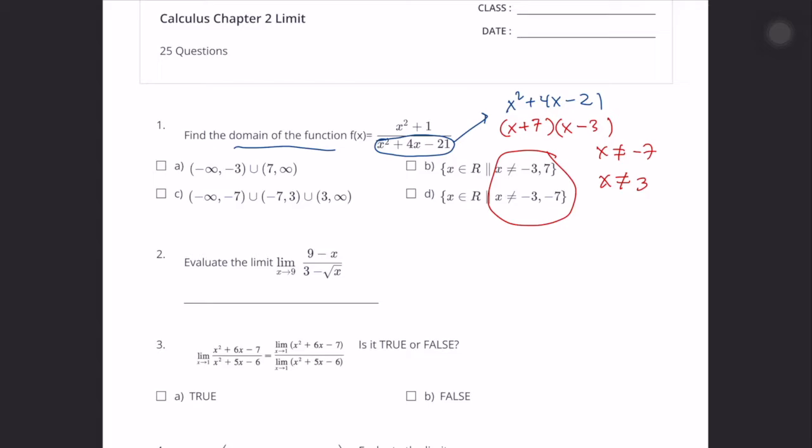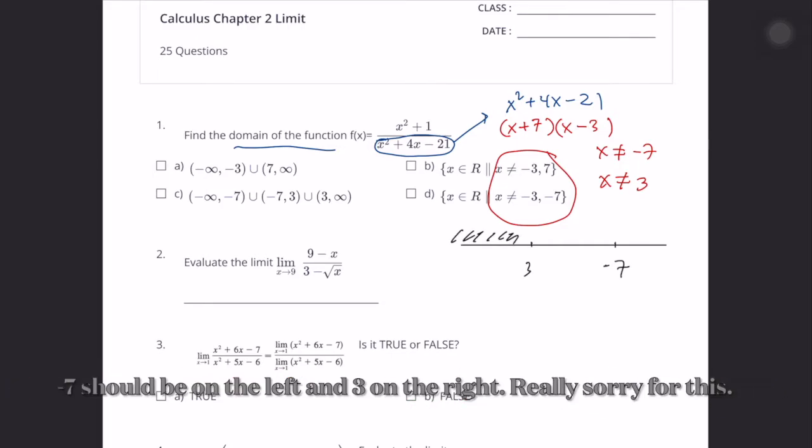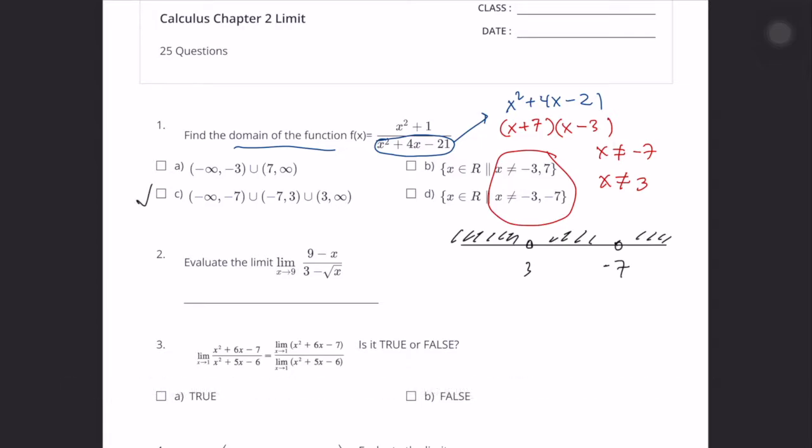Probably not. So we can check within our number line. So 3, -7, and all here are included without 3 and -7. So we can make sure that we are going to choose C.